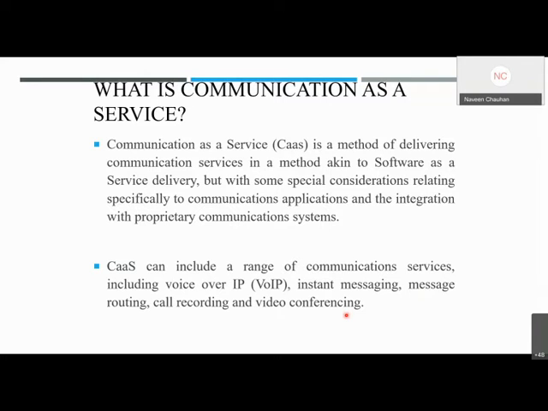Whether we talk about Skype, WebEx, Microsoft Teams, or Google Meet, these are all service providers for communication as a service.